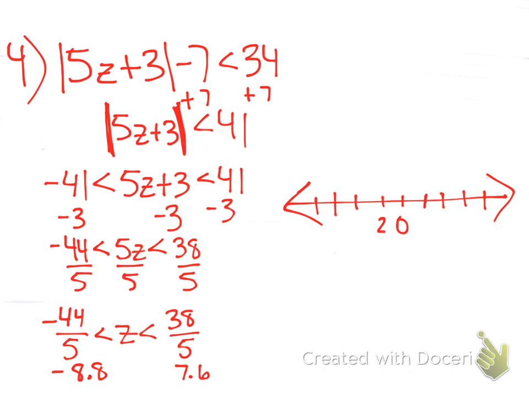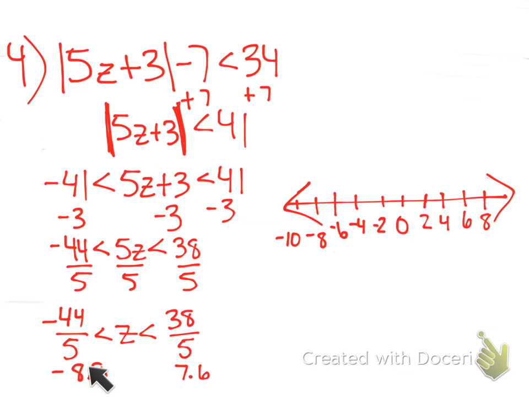Okay. 0, negative 2, negative 4, negative 6, negative 8. All the way down here is going to be my negative 10. This is probably one of the worst number lines I've made in a really long time. I'm a little embarrassed.